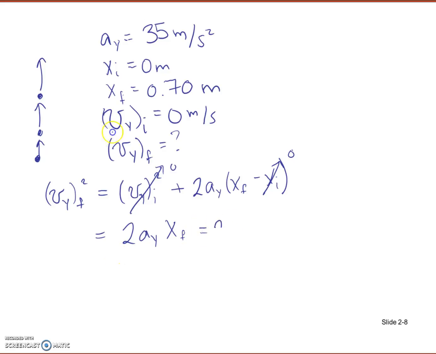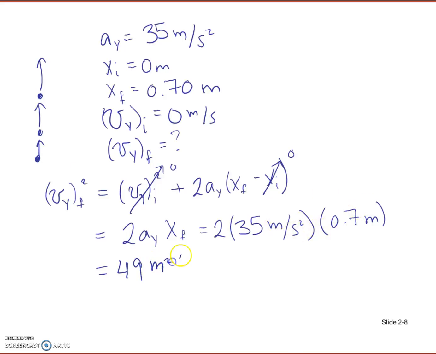Let's plug in some values. The acceleration is 35 meters per second squared, and my distance traveled is 0.7 meters. If I put that in my calculator, if I did that right, I should get 49. Now let's check our units. I have meters times meters, that's meters squared, divided by seconds squared in the bottom, and that's my Vy final squared.